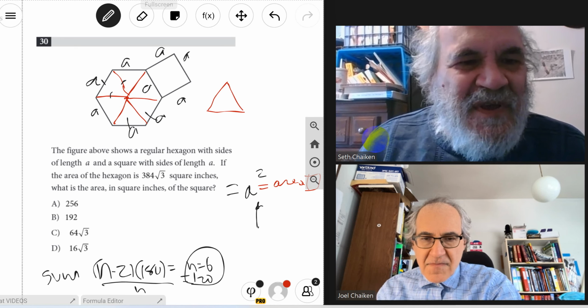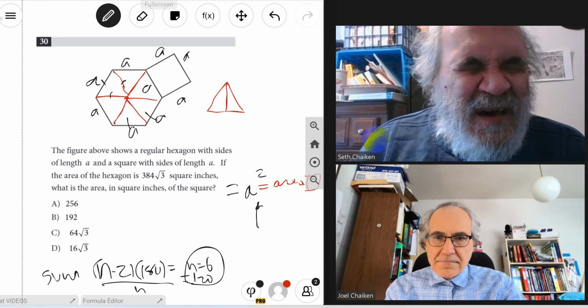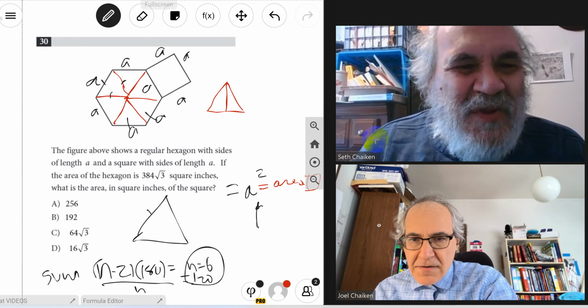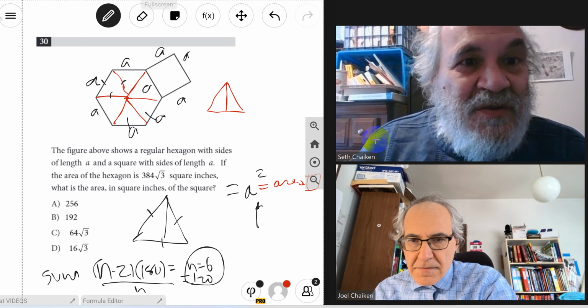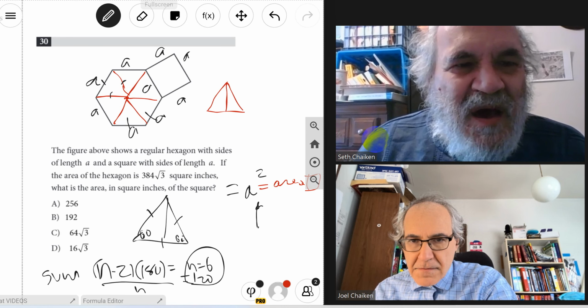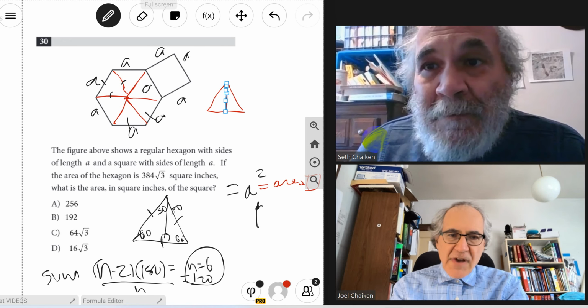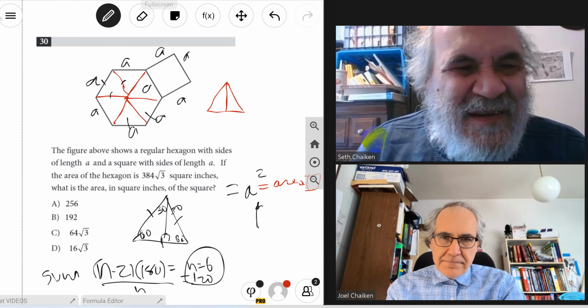Let's see if we can derive an expression for the area of an equilateral triangle. The way I draw it in red here, I drew the perpendicular altitude.